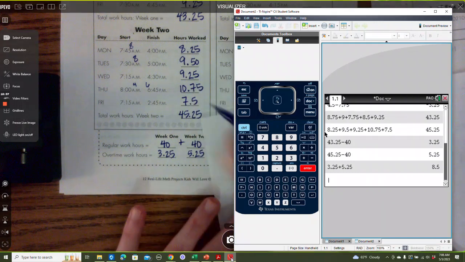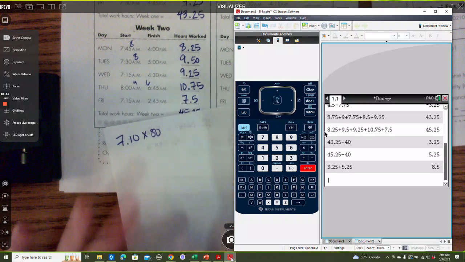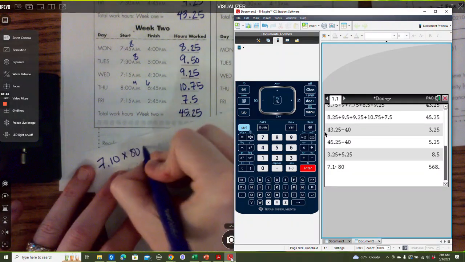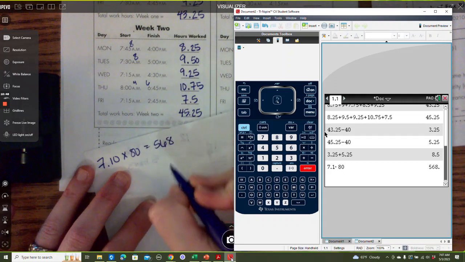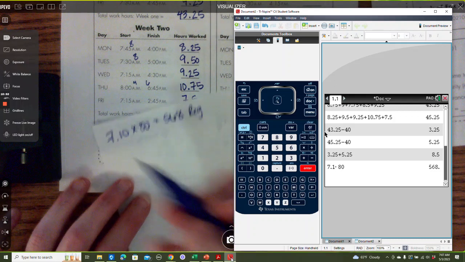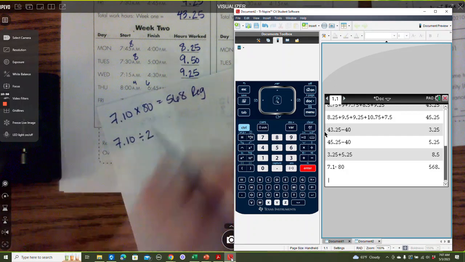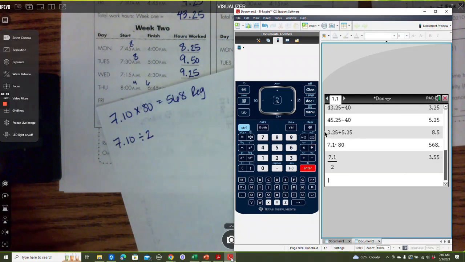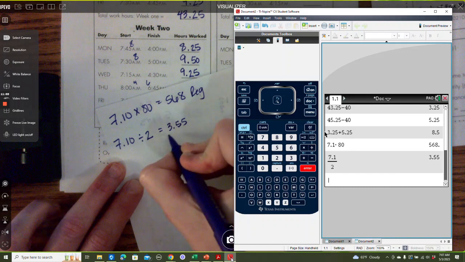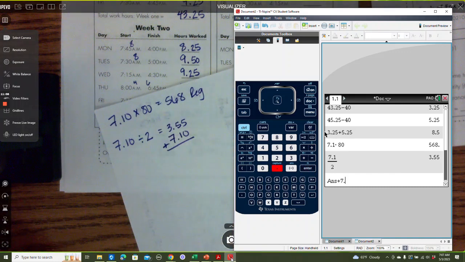So he makes $7.10 an hour times the 80 regular hours. So that's $568. That's just his regular time. To figure his overtime, you take what he makes and you divide it by 2. So I get $3.55. And then I add back in his regular pay.